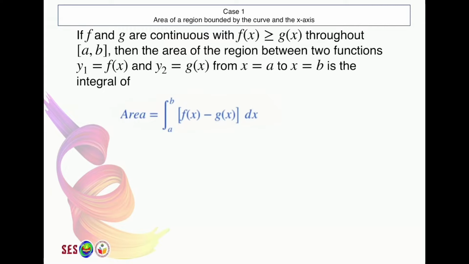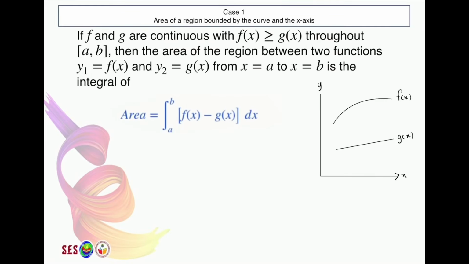So what does that mean graphically? Let's say you have two functions, f(x) and g(x). f(x) is greater than g(x), that's why f(x) is on top of g(x). It is greater than or equal to g(x). And we say that we want to integrate from x = a to x = b.